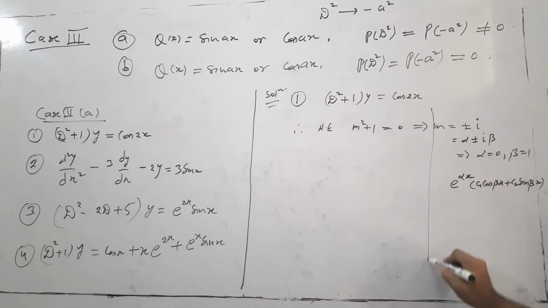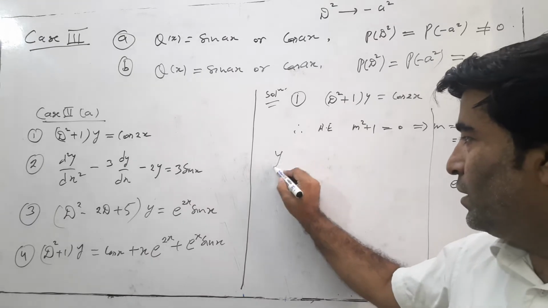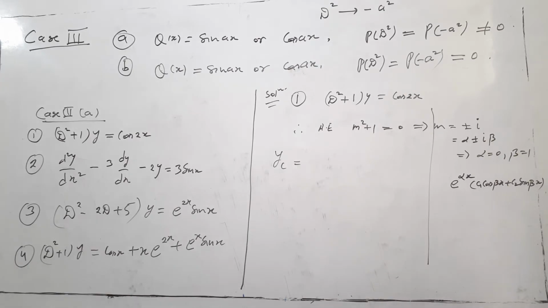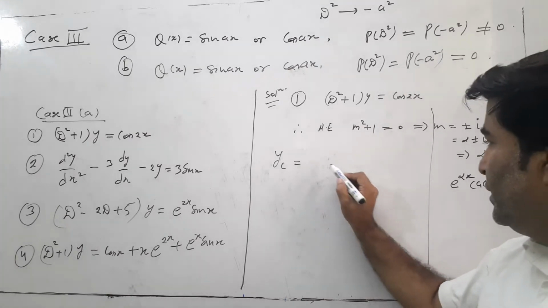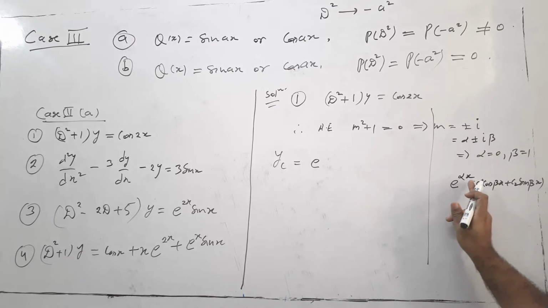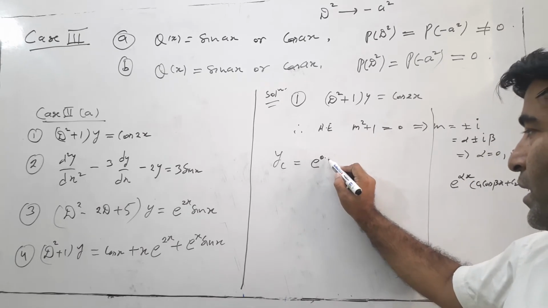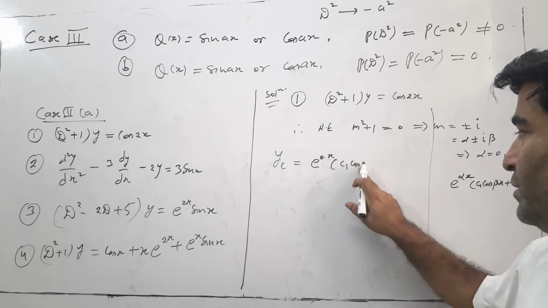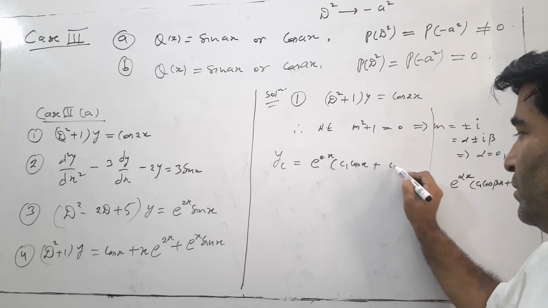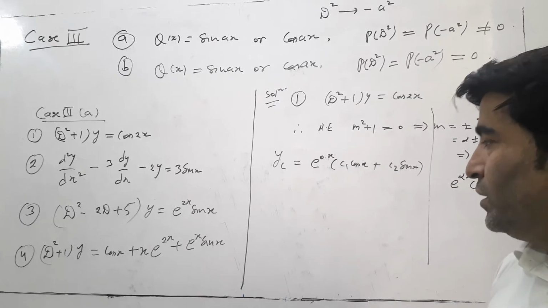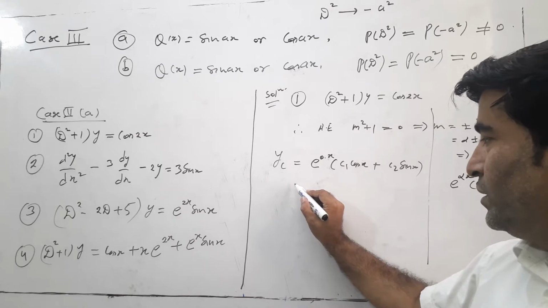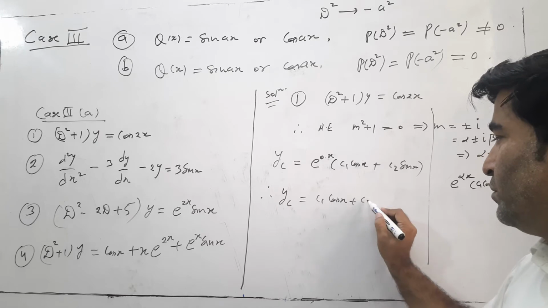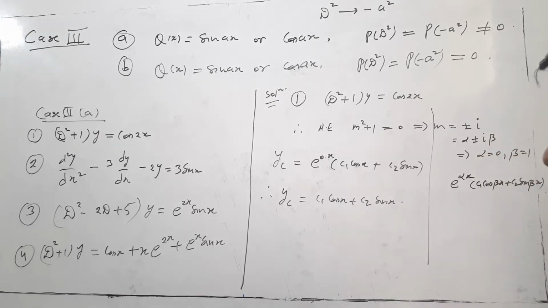So the complementary function is e to the power 0x (c1 cos x plus c2 sin x), and e to the power 0x means 1, therefore the complementary function is c1 cos x plus c2 sin x.